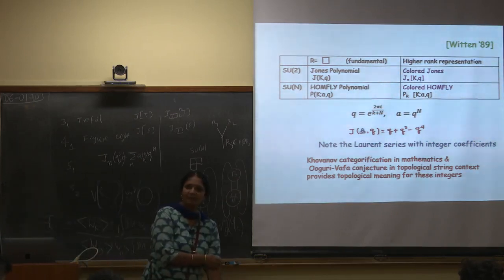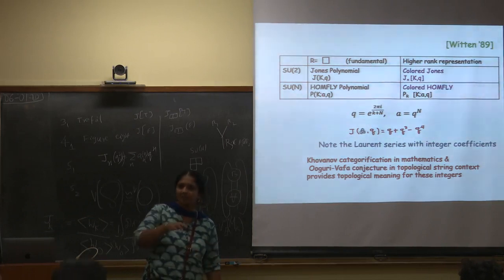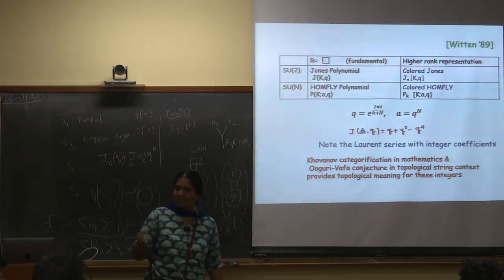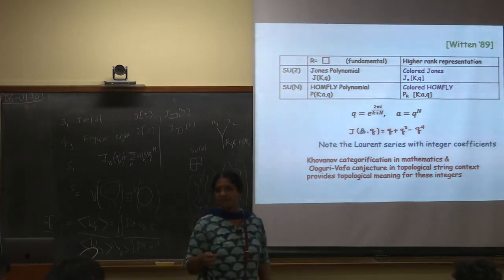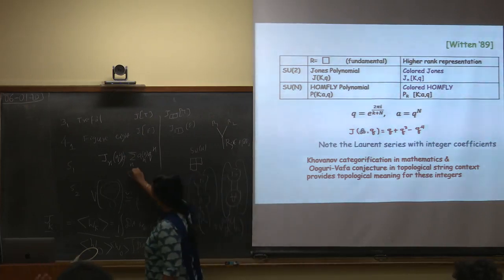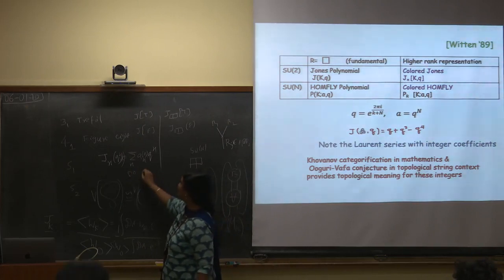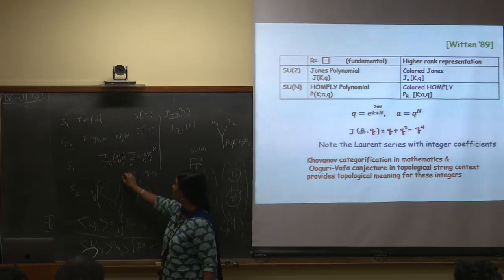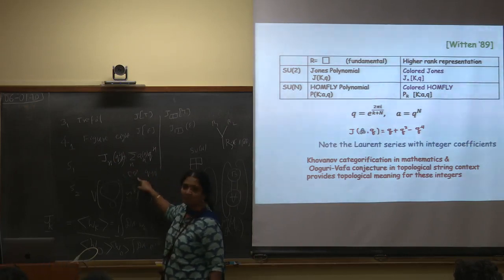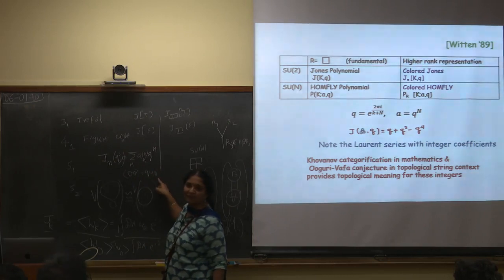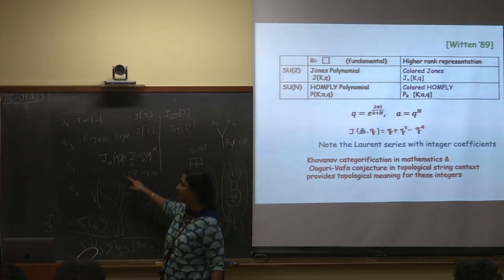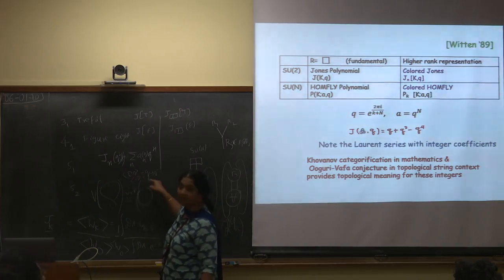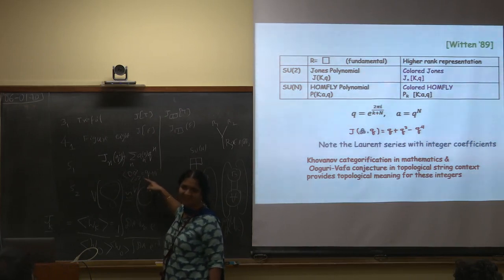The reason is that mathematicians call the simple loop normalization to be 1 and then they continue. Whereas when they write two simple loops, they write this result as q plus q inverse. If you want to write an expectation value of two simple loops, calling it q plus q inverse didn't sound fine, because for them one loop is 1, and for 2 loops I would like it to be 1 into 1, but that is not what is happening.